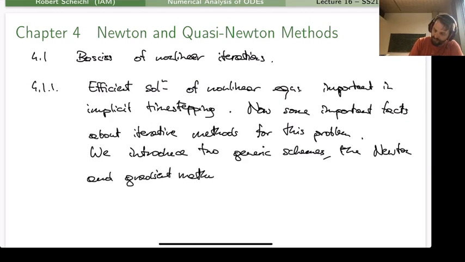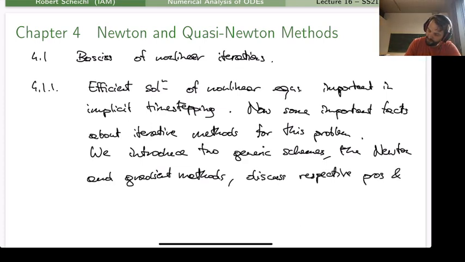If time permits, I will probably come back to gradient methods in more detail in chapter 6 as well. We'll discuss their respective pros and cons and combine their features for even better methods.